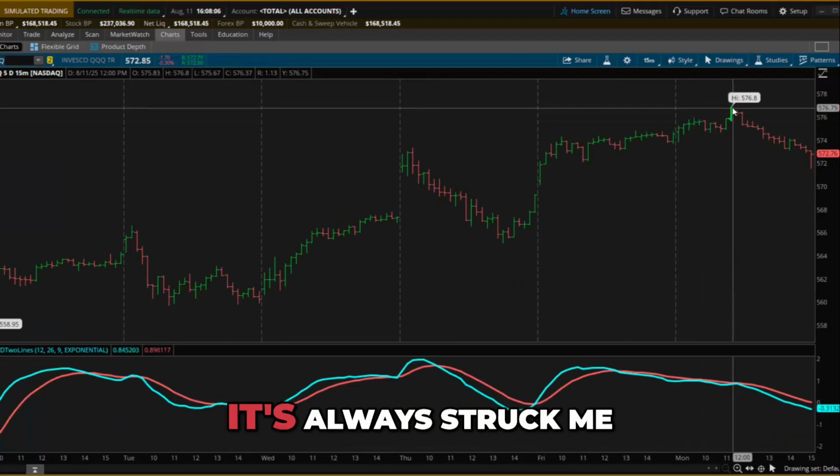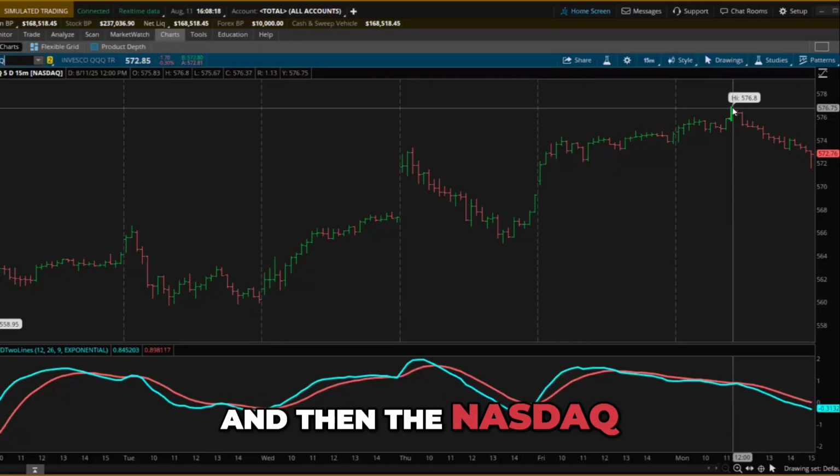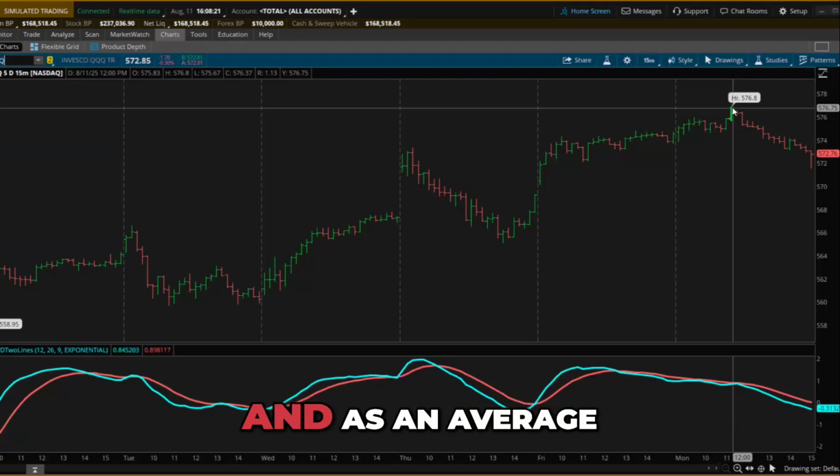I mean, it's always struck me as rather amazing that you have the S&P 500 stocks, and then the NASDAQ 100 stocks. And as an average of the 100 or the 500 stocks, they have the exact same pattern at the exact same time.